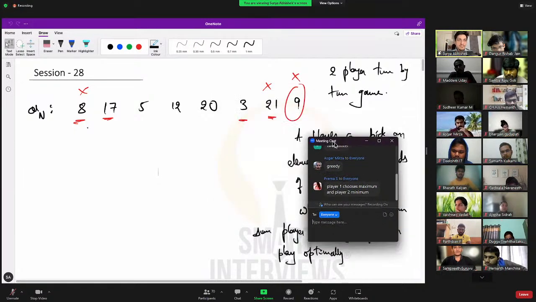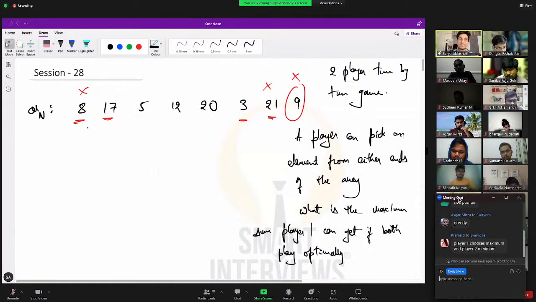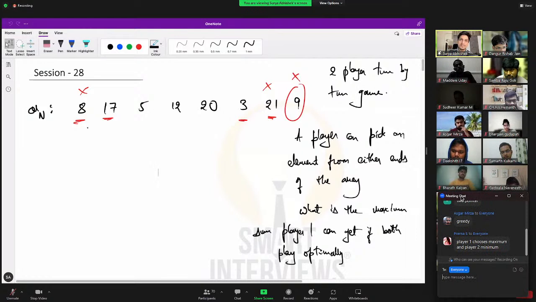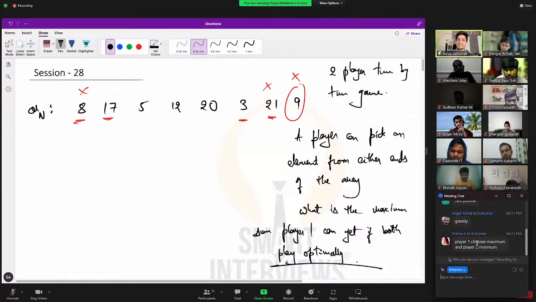Player 1 chooses maximum and player 2 will choose minimum. Player 2 will not do that. Player 2 will also play optimally. Both the players play optimally, right? Optimally, not in the sense that player 1 gets the maximum sum, but in the sense that both will try to get the maximum sum for themselves.